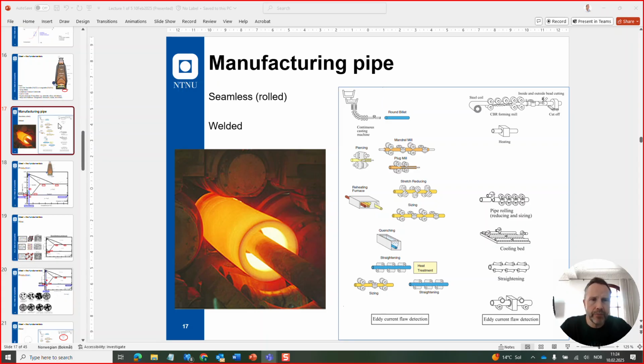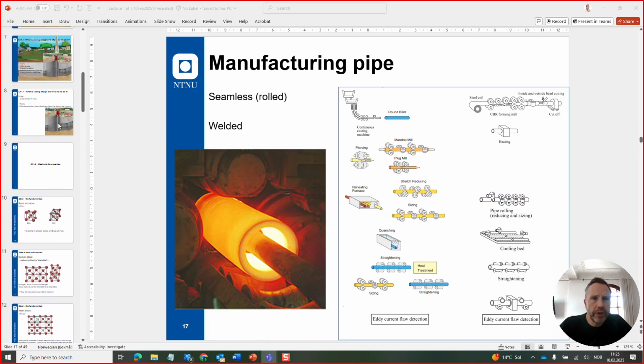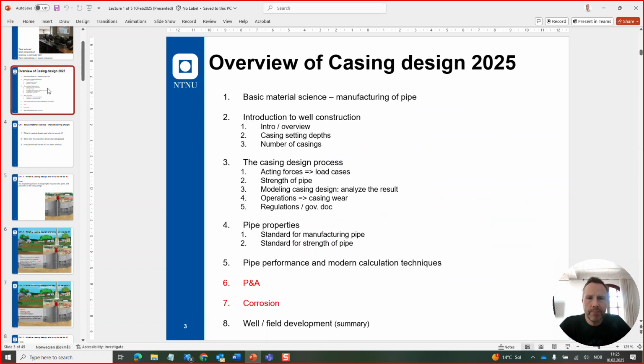What I just realized was that we jumped over the overview of the class. We're not going to spend a lot of time discussing the overview, but as you know, the basic material science is what we're covering today.